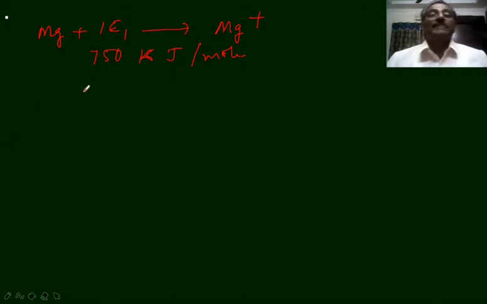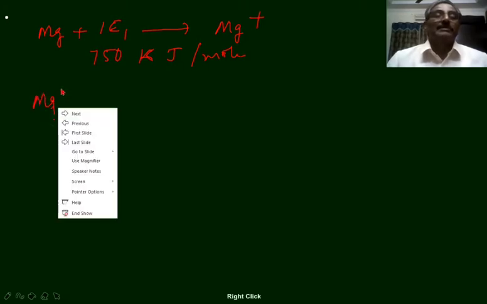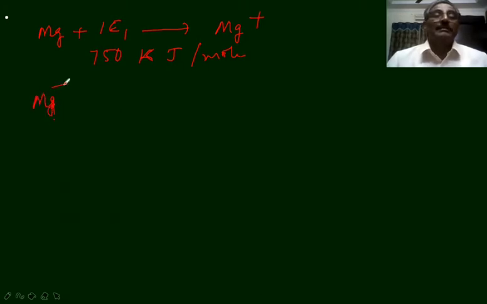Okay, by the absorption of 750 kilojoules per mole, 1 mole of magnesium atoms are getting converted into magnesium plus ions. When all the magnesium atoms are converted into magnesium plus ions, by the absorption of some more energy, magnesium plus ion changes to magnesium 2 plus ions.